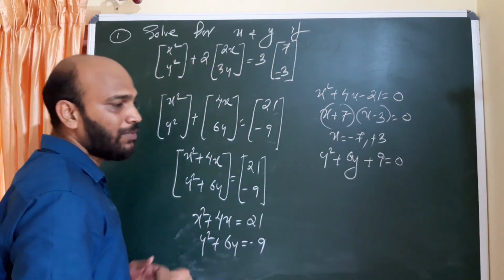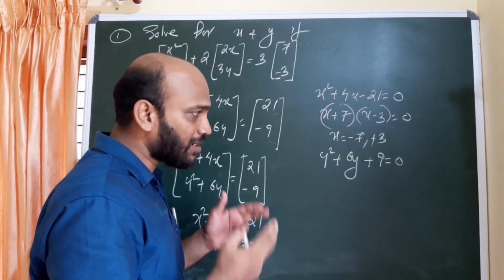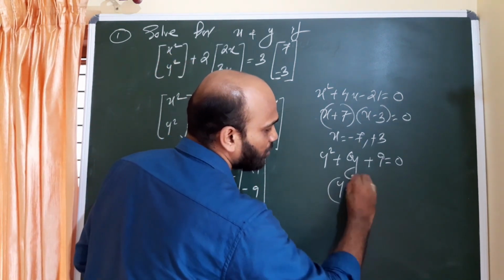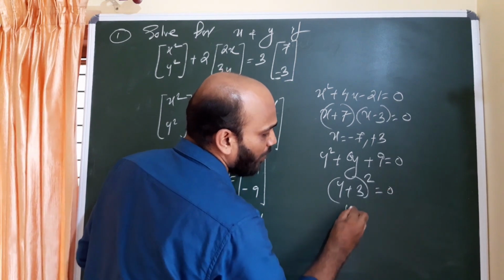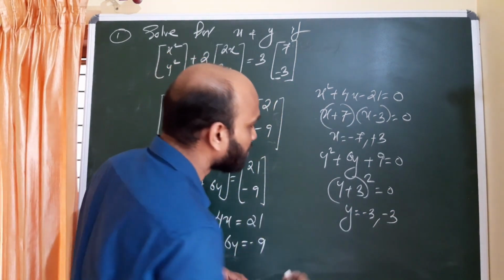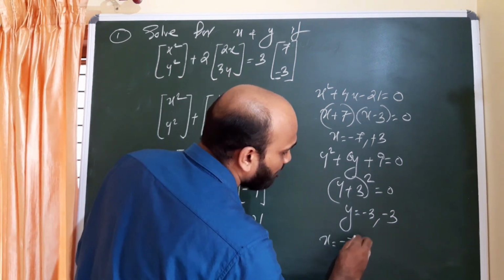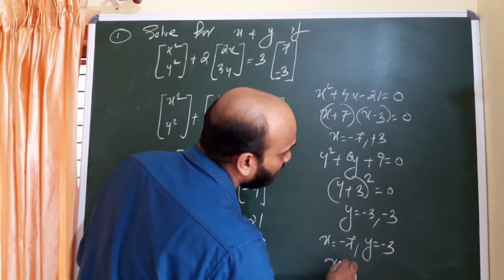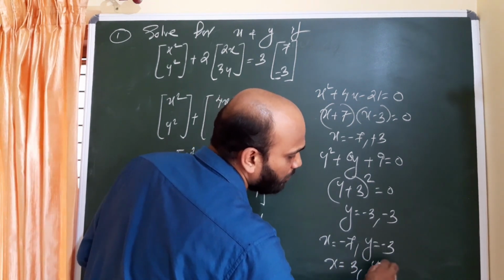Product equal to 9, sum equal to 6, so two numbers are 3 and 3. Actually this is (y + 3)². So y = -3, -3. So solutions are x = -7, y = -3, and x = 3, y = -3.